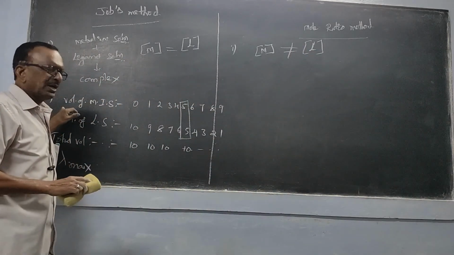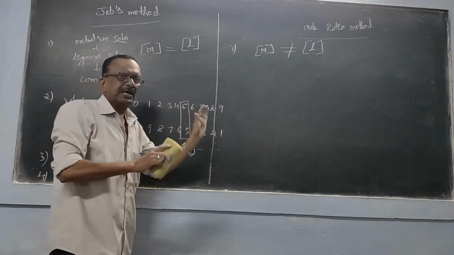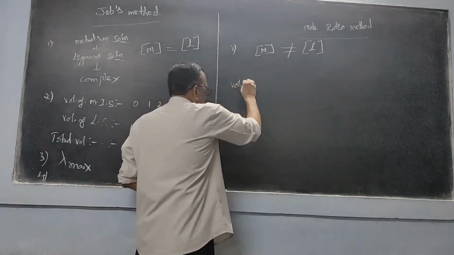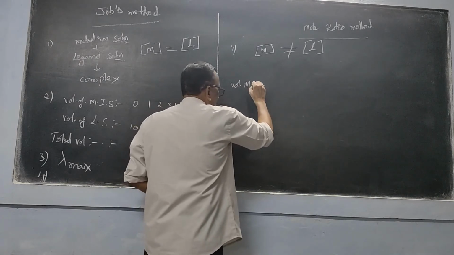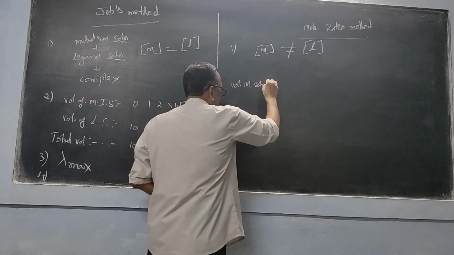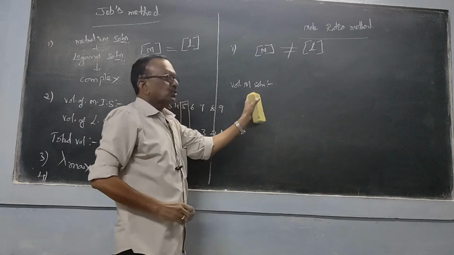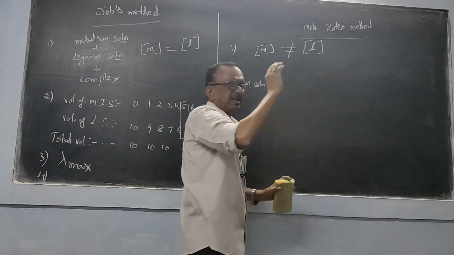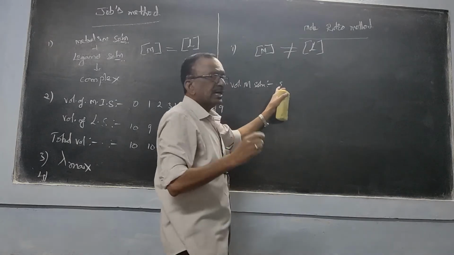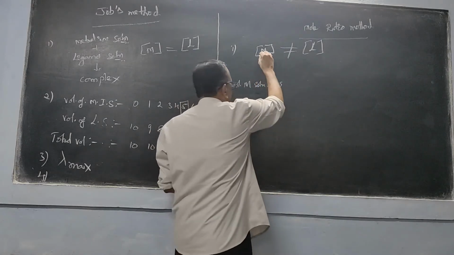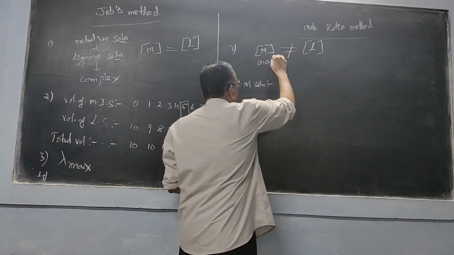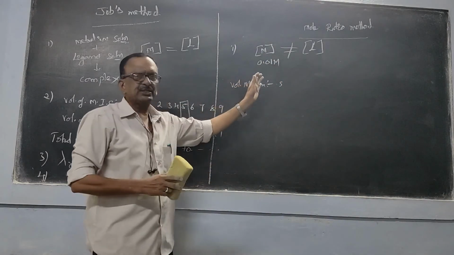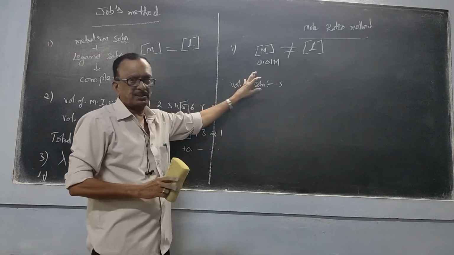Now come to the second part. Here also we are taking 10 sample solutions. Now consider the volume of metal ion solution. Here we are taking, say, 5 ml, 5 ml, 5 ml like that, and whose concentration is, say, I have prepared 0.01 M. So all 10 solutions must have 0.01 M concentration.